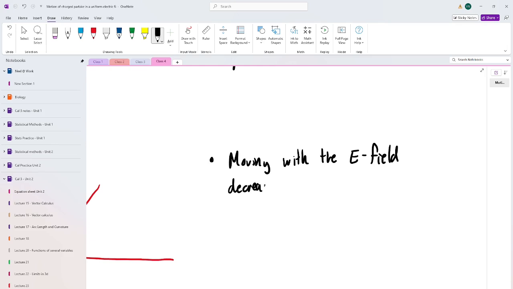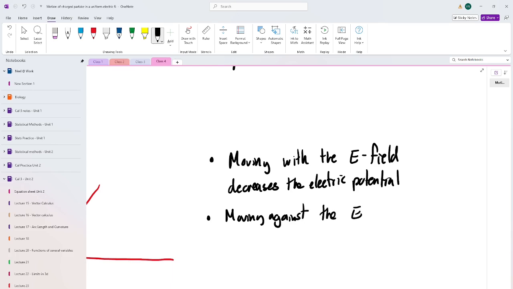And then, of course, moving against the E field increases it.